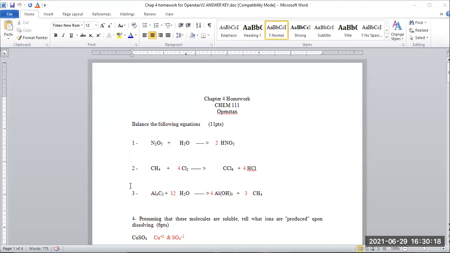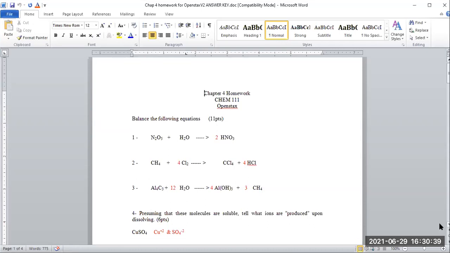I have 2 nitrogens on the left-hand side. The only way I'm going to get this to work out, which will also solve my hydrogen problem, is to put a 2 out in front of my nitric acid molecule. So that one only required 1 correction in terms of coefficients.